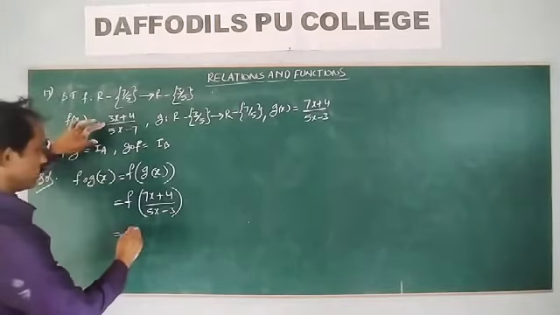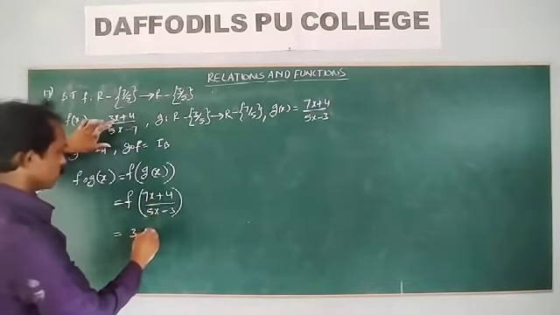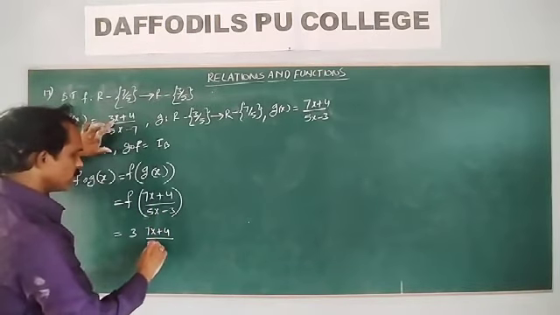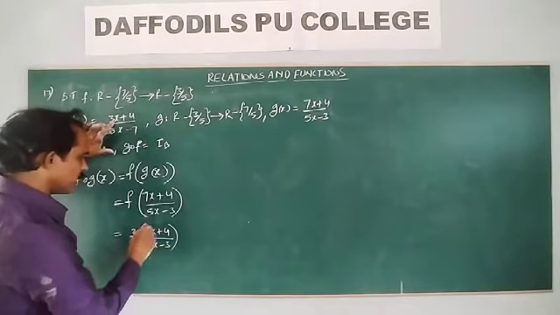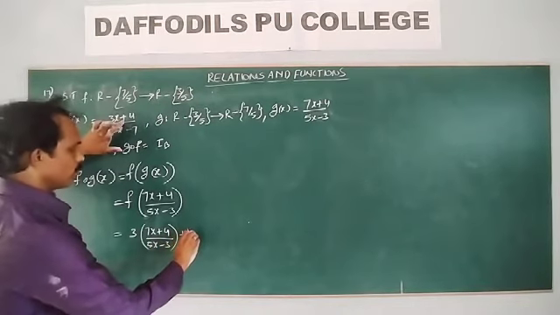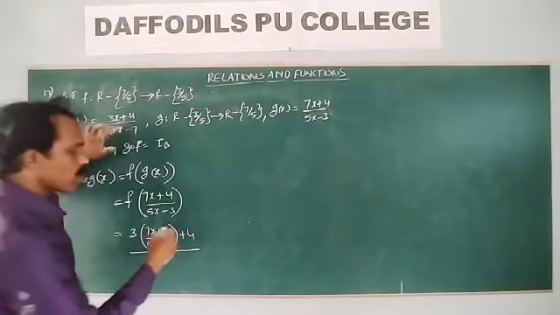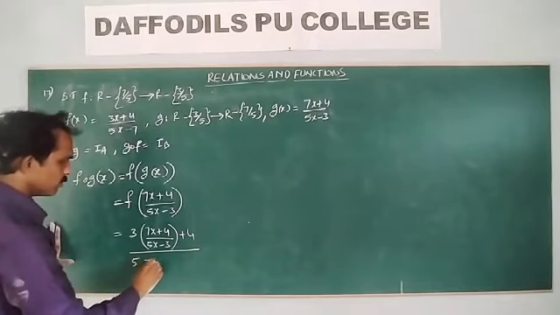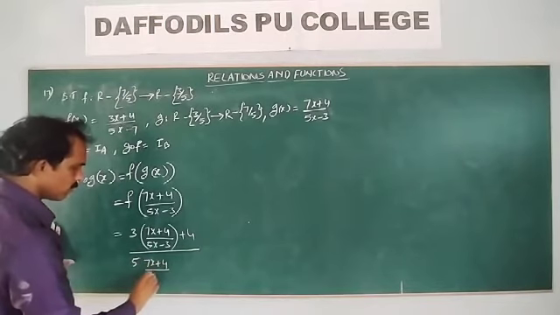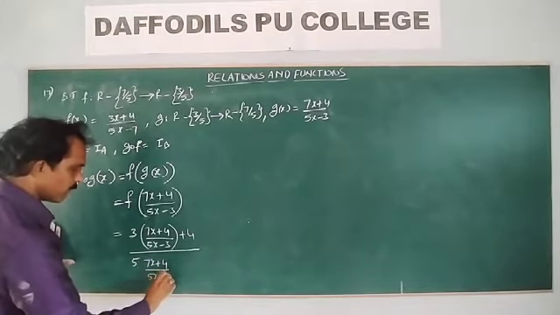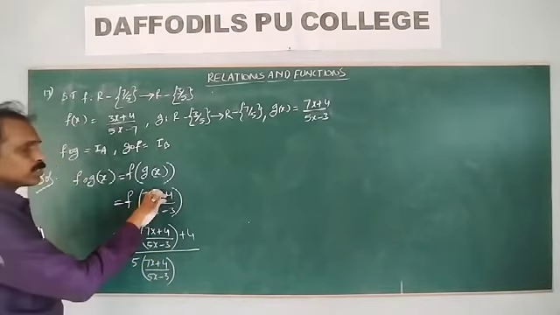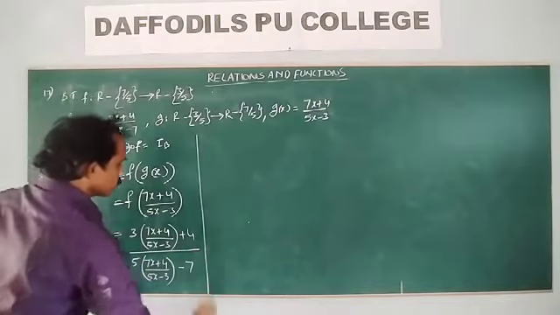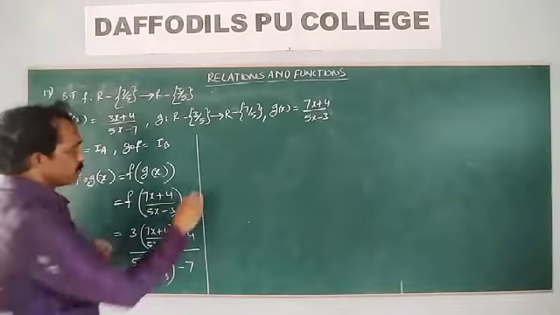Clearly observe, students. 3 of 7x plus 4 divided by 5x minus 3, plus 4. Next, 5 of 7x plus 4 divided by 5x minus 3, where x is substituted with this total value, minus 7. Take LCM.